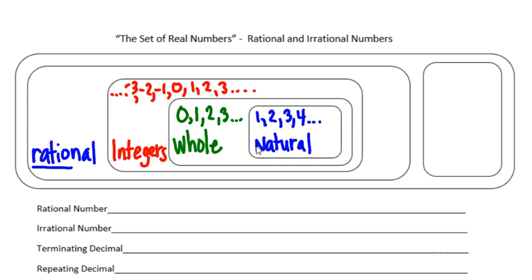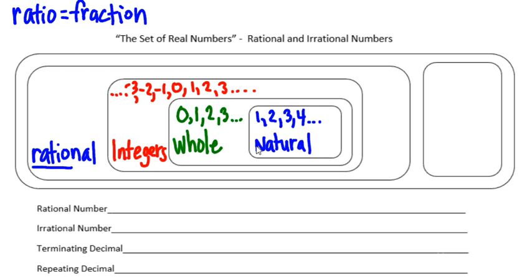And another word for ratio in math is fraction. A ratio is a fraction. And that's how I remember that the rational numbers are the fractions, the numbers in between.